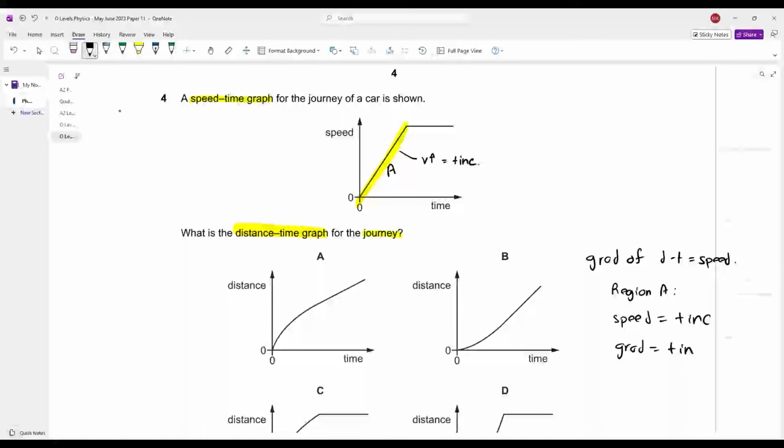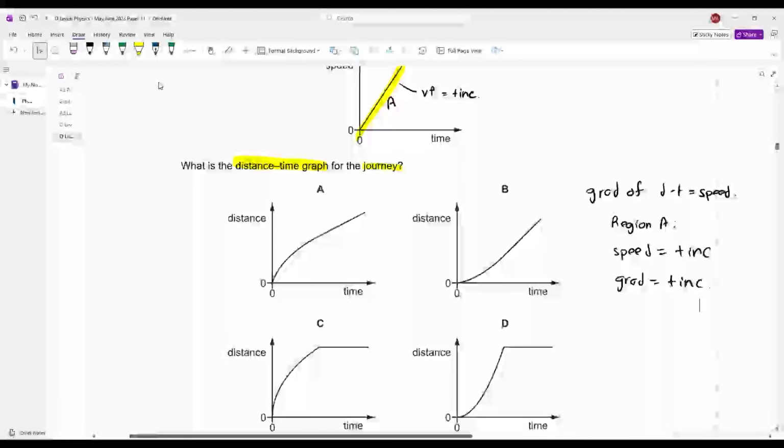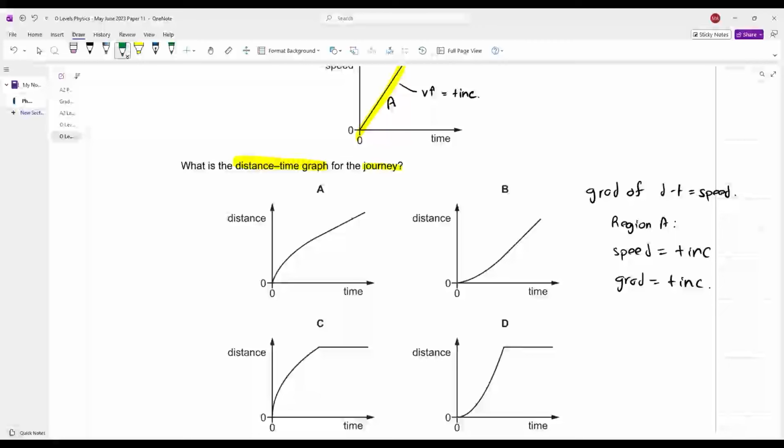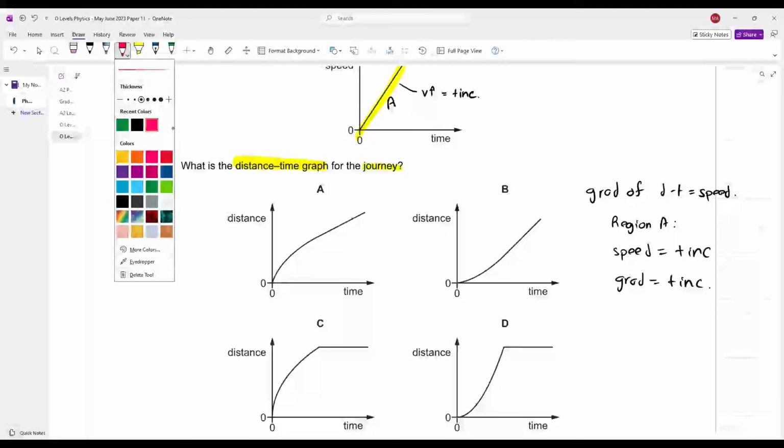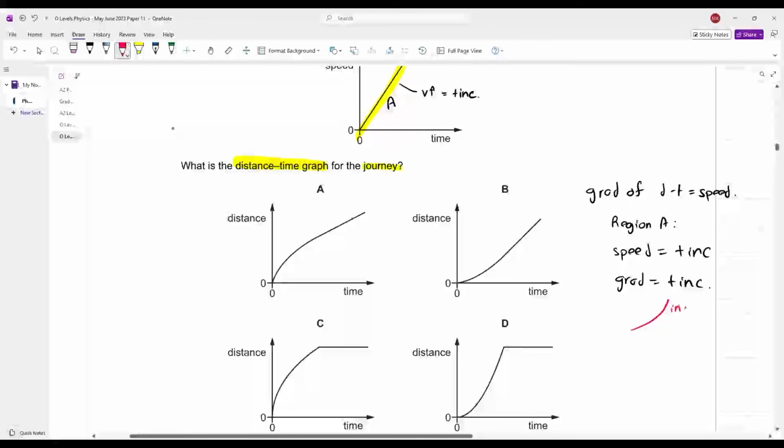Positive and increasing. If your gradient is positive and increasing, which type of a graph do you draw? बेटा, ग्रेडियंट अगर पॉजिटिव और इंक्रीजिंग है तो एक इंक्रीजिंग कर्व बना लो फॉर रीजन A. In which diagram do you have an increasing curve? In B and in D. A and C get cancelled out. B और D में आपके पास increasing curve है here and here.